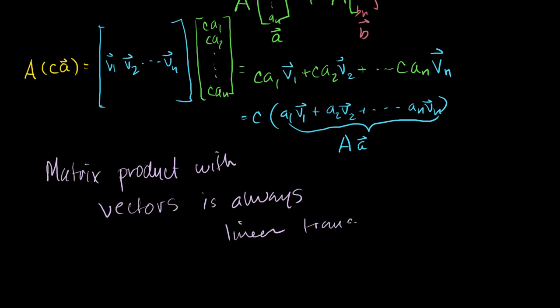And just as a side note, in the next video, I'm going to show you that any linear transformation, this is incredibly powerful, can be represented by a matrix product. Any transformation on any vector can be equivalently written as a product of that vector with a matrix.